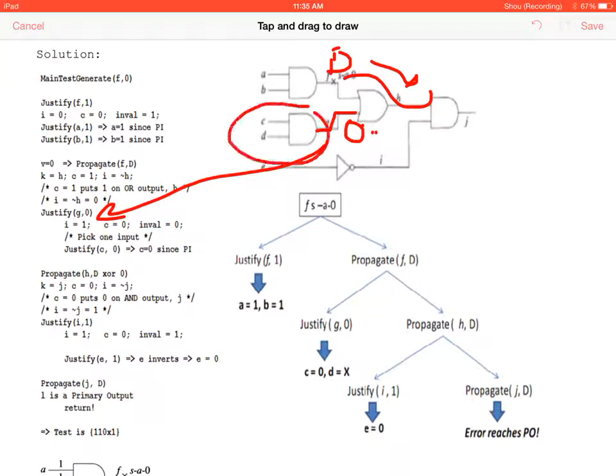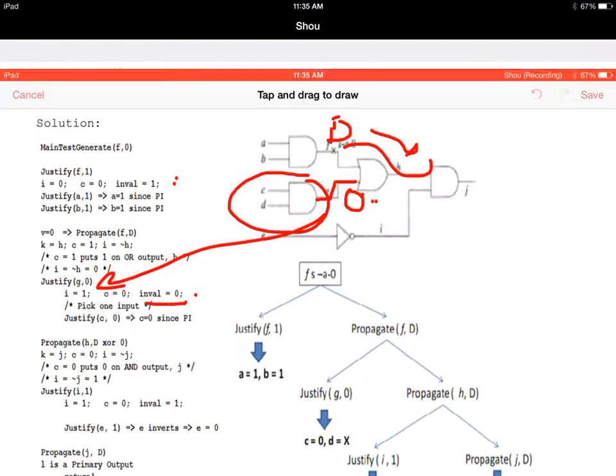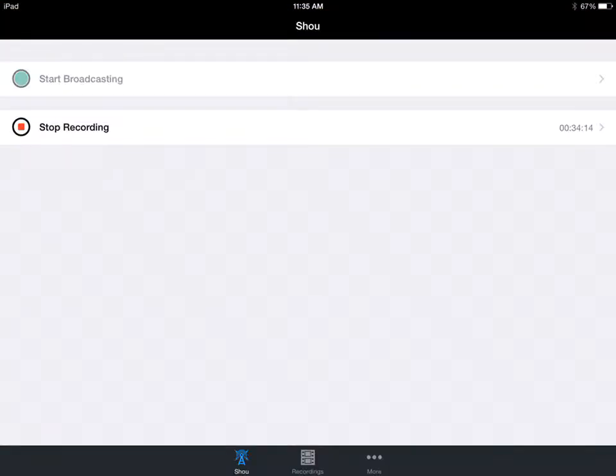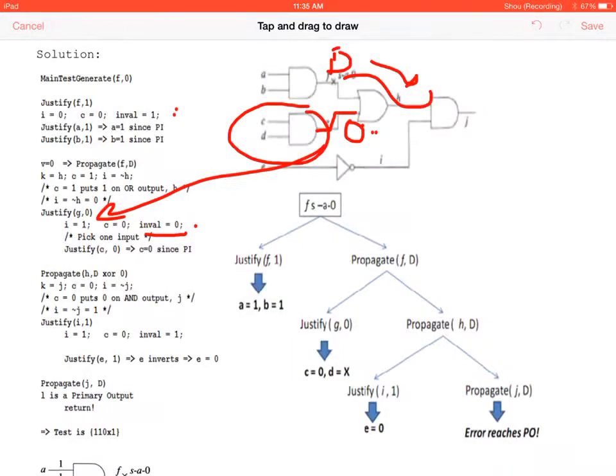So now, since we do this and we determine, we do the same process with the AND gate, but the end result is going to be inval is equal to 0. What this means is we only need one of these two inputs to be set, right? So here in the solution, I've had 0x, but both of these are correct answers.